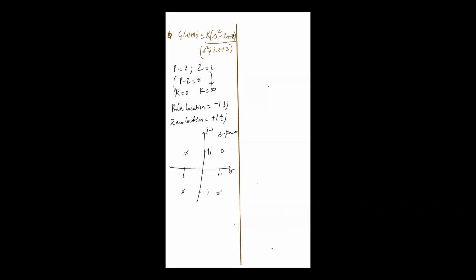Now since we have no open loop poles and zeros on the real axis, there is no need to apply the rule of counting poles and zeros to the right hand side. We will directly calculate angle of departure and angle of arrival.